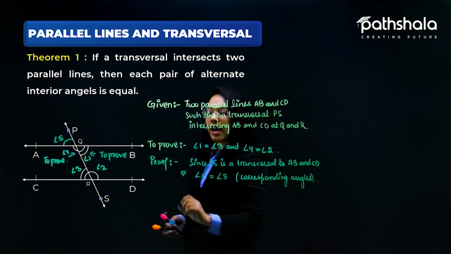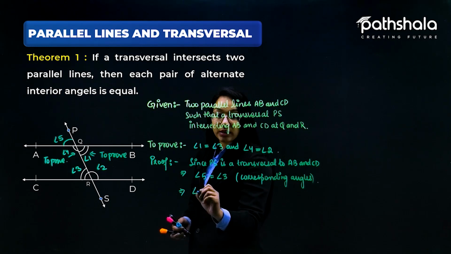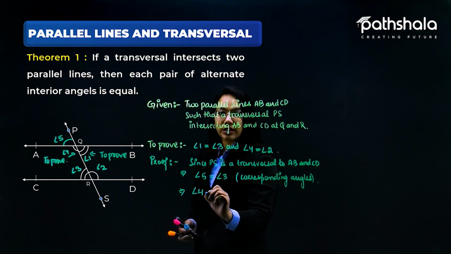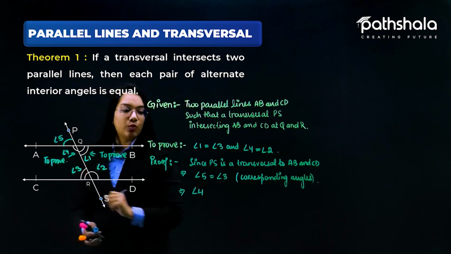Furthermore, we can say that angle 5 is equal to angle 1. Why so?